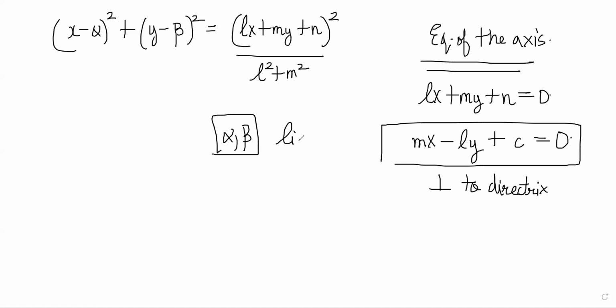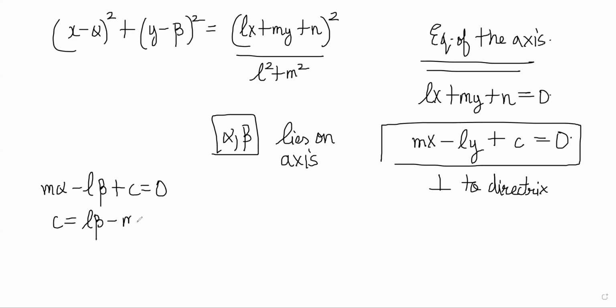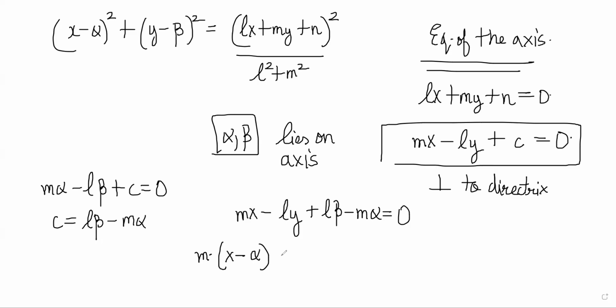So (alpha, beta) lies on the axis. You put that here, you get m alpha minus L beta plus C equals 0. So C is coming out to be L beta minus m alpha. Therefore, my line equation is mx minus Ly plus L beta minus m alpha equals 0, which can be written as m times (x minus alpha) plus (minus L) times (y minus beta) equals 0.